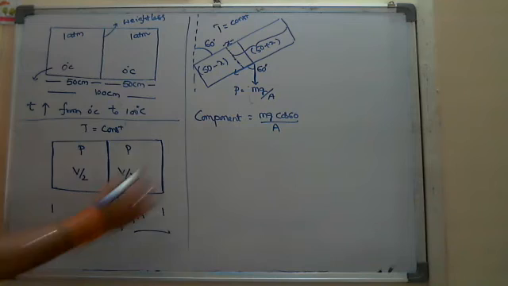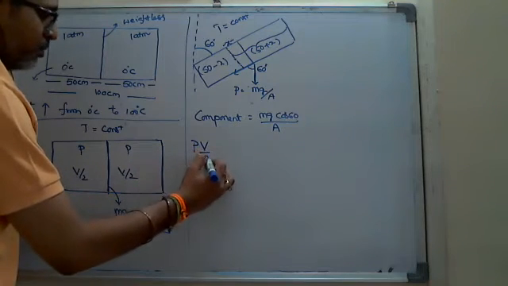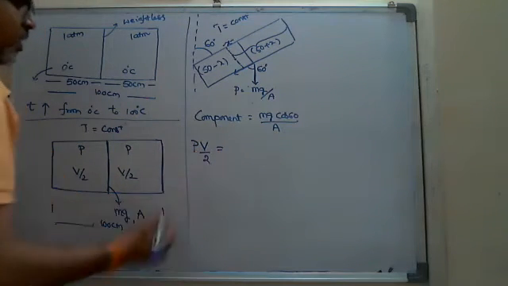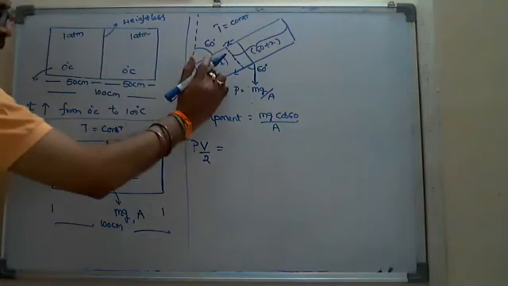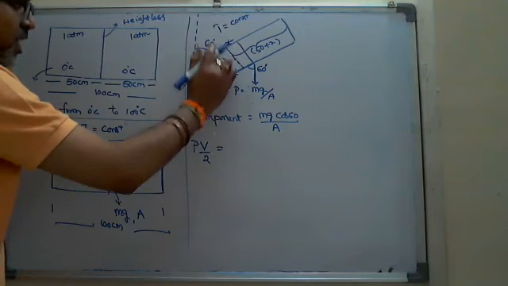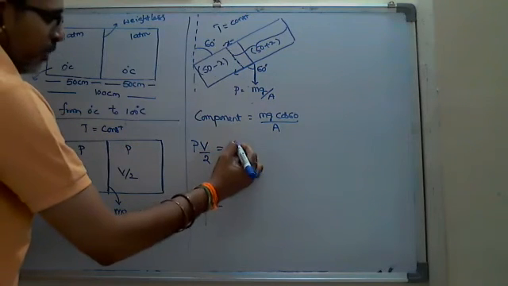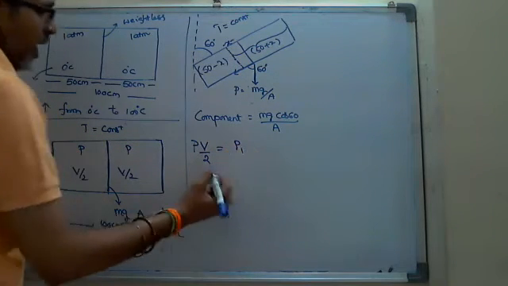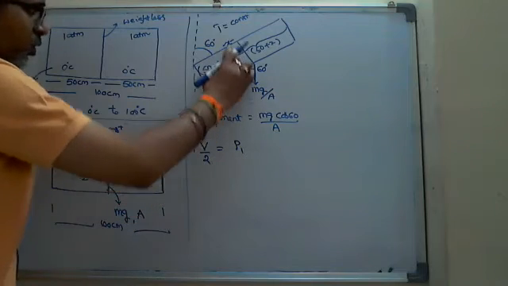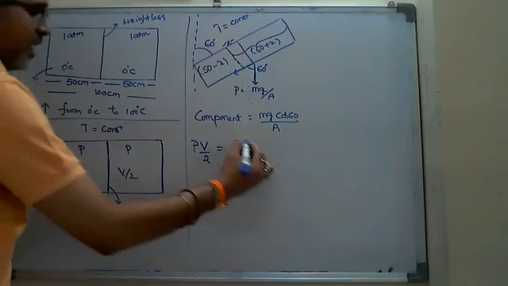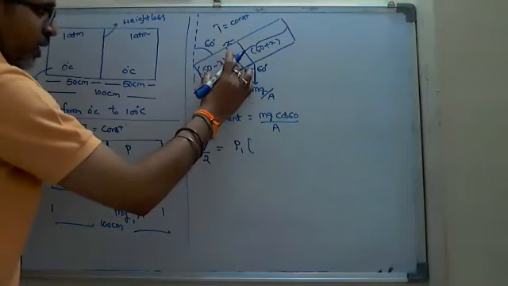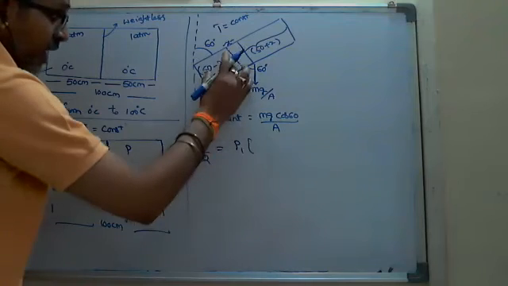P1 V1 means I have to write P into V by 2, equal to the lower part. Here P is a pressure I don't know, so I write P1 into the volume. Look at 50 minus x, the given length.